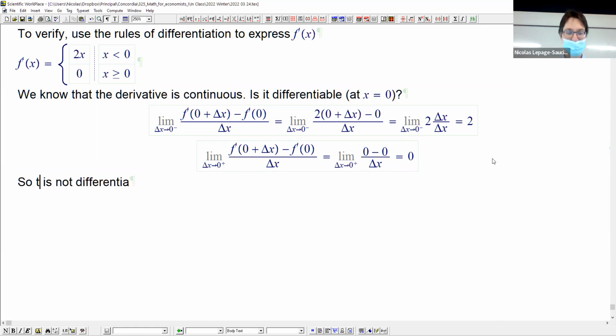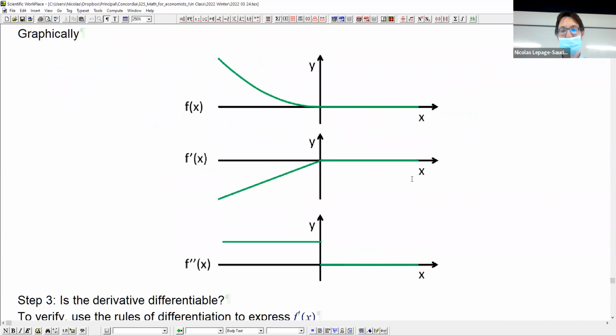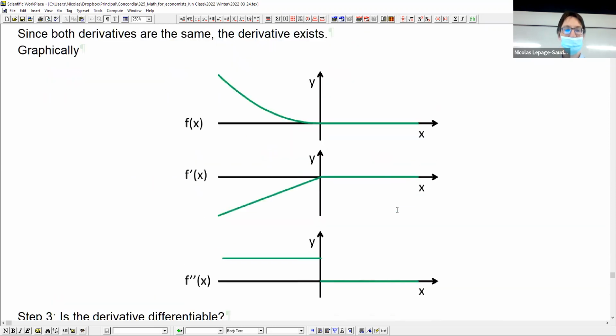So the derivative is not differentiable. Another way of saying this is that the second derivative is going to be non-continuous.